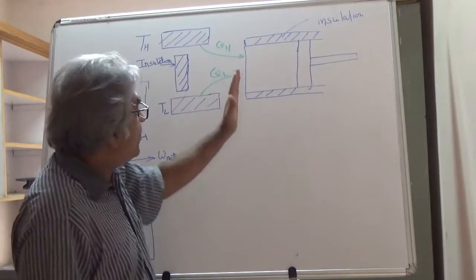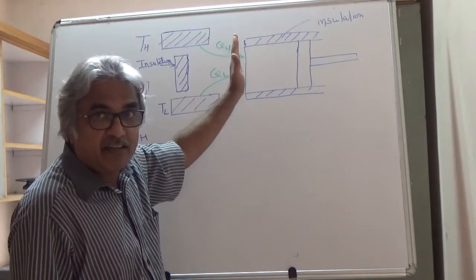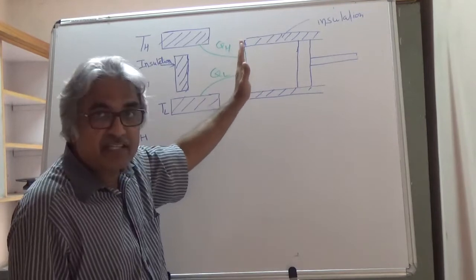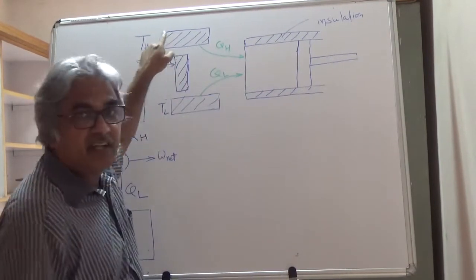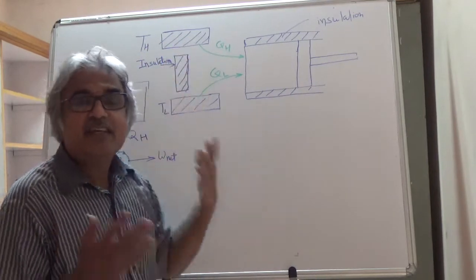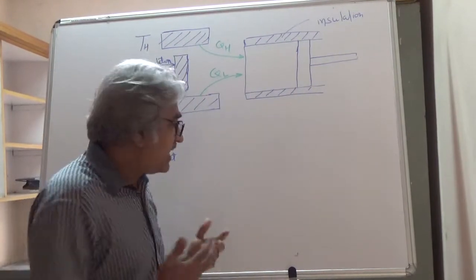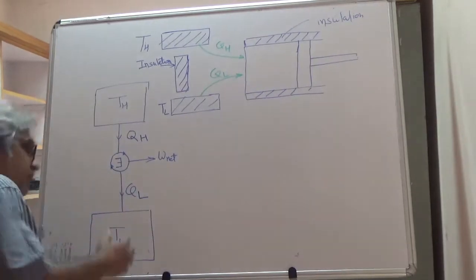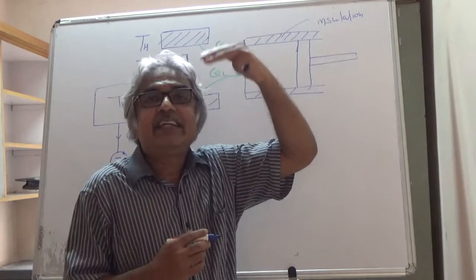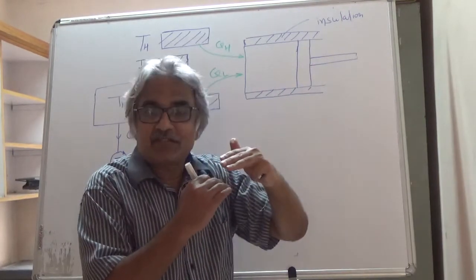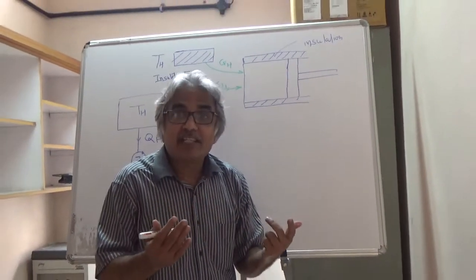Okay, fine. When heat addition takes place, the temperature of the fluid will be TH, because heat is transferred reversibly. It's going to receive the heat while it itself is at the temperature TH. So it is a reversible heat transfer.